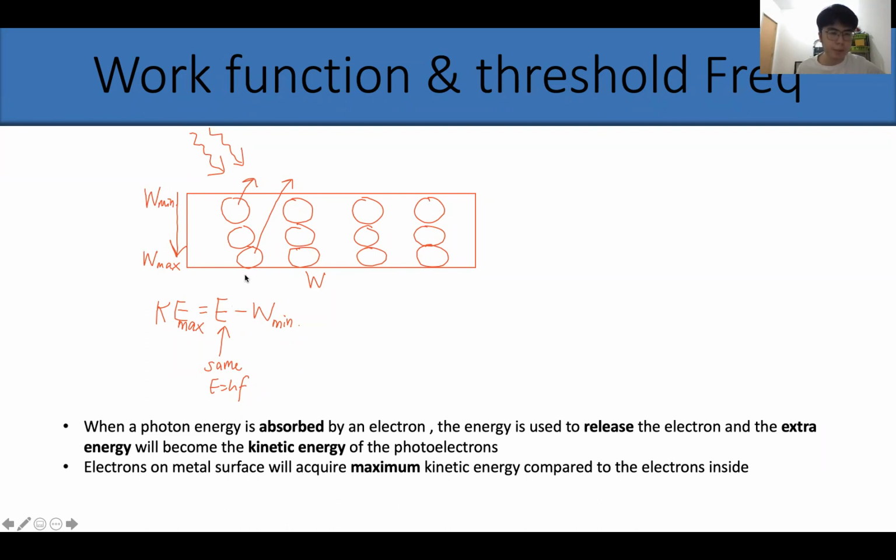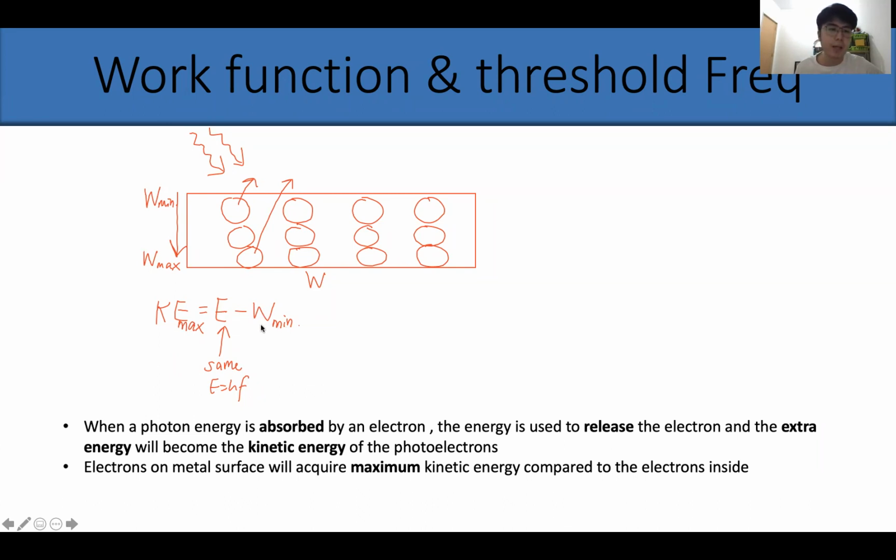Think about this. If this value is large, then I use this one minus this one, the value here is small. If this value, the W, is small, then when I minus it, I get more energy, right? So my kinetic energy is maximum. So the smaller the work function, the higher will be the kinetic energy.